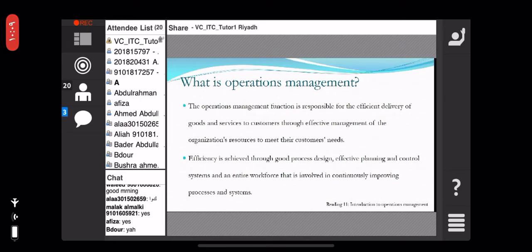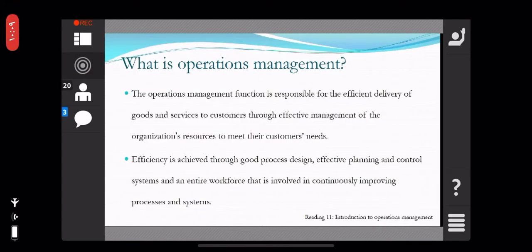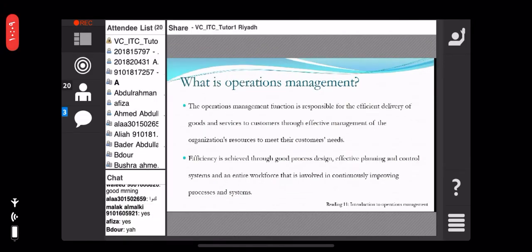Meaning these are operations hours. They are dealing with the people, with the customers. So what is operations management? Managing these operations. This chapter is basically telling us how to manage the operations in different organizations.